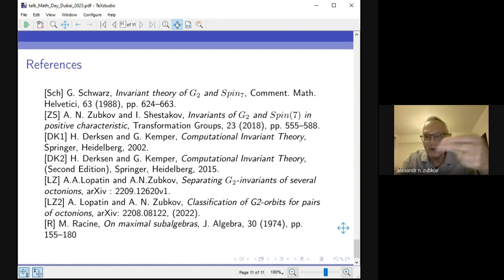So if you have f(x1, x2, x3), you can specialize x1, x2 to the same x, and you will get a non-multilinear invariant. And of course you can specialize all three Albertanians to the same one, and you will get another invariant which is not multilinear. So if you do it with any multilinear invariant, you will get exactly the set of generators of your invariants.